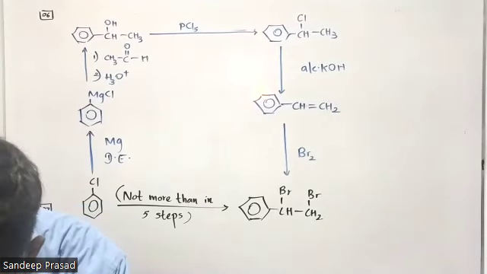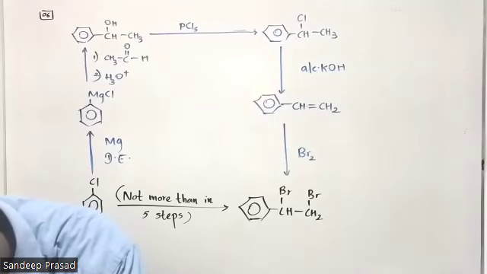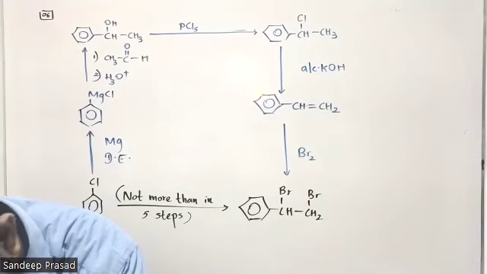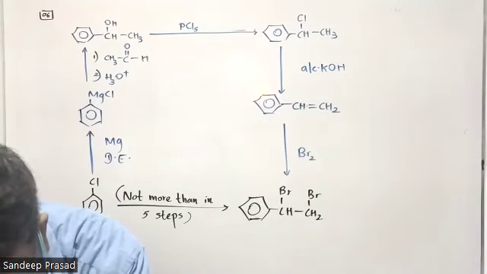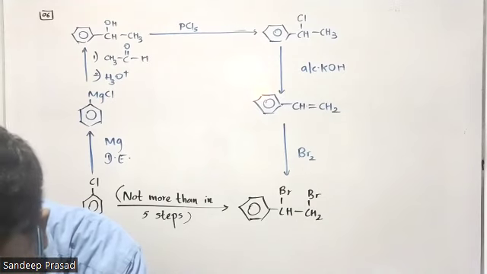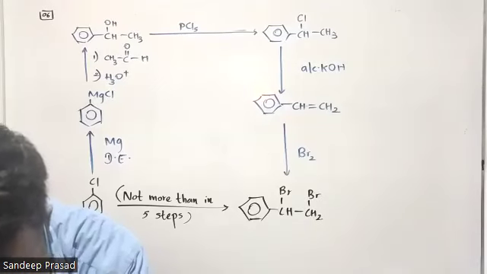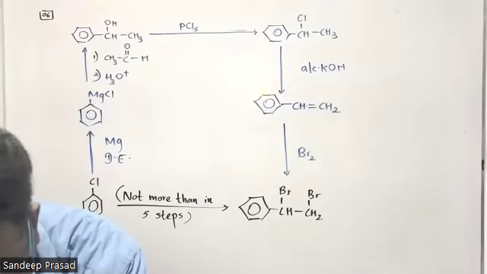Adding zinc and heat, do we have that kind of reaction, Amshi? Do we have that kind of reaction in the syllabus? No, right? And in the second step, you have added vinyl halide. Vinyl halides are not stable. CH2=CHCl, that vinyl halide is unstable.